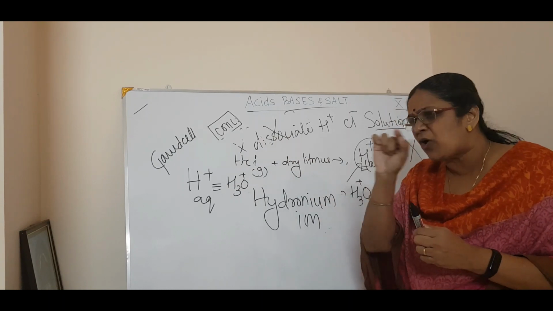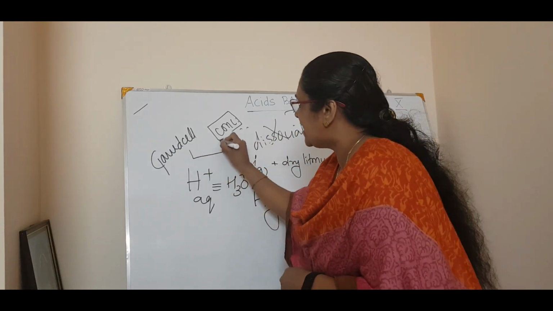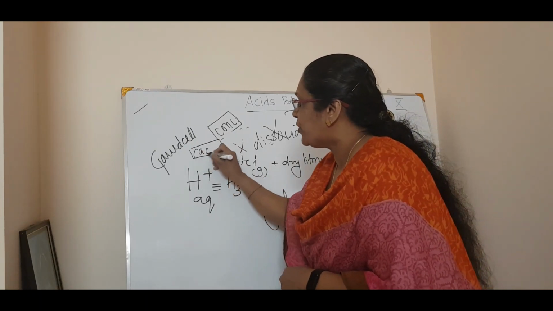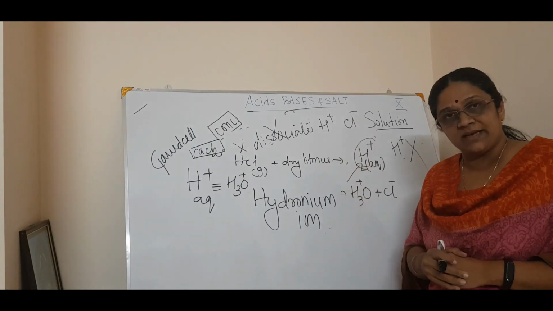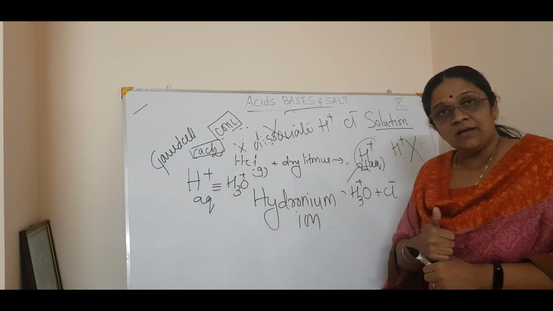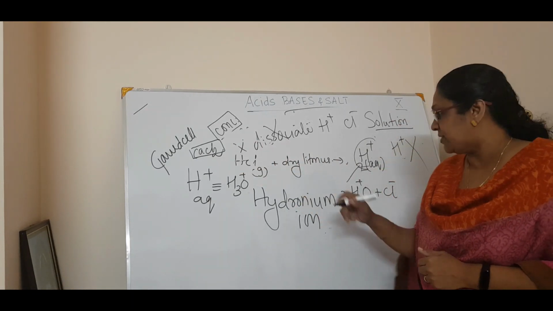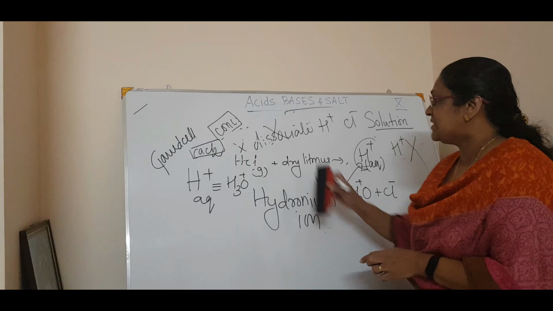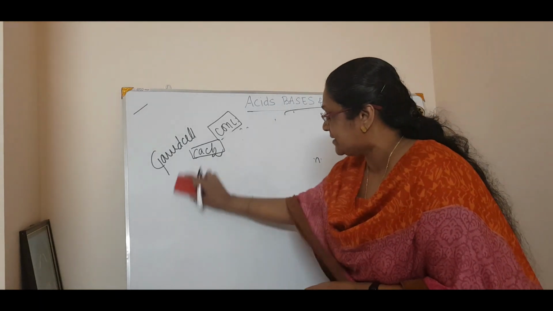Guard cell means a small cell type structure in which you put calcium chloride crystal. Now, what is the role of this calcium chloride? This calcium chloride is deliquescent in nature. Have you heard about deliquescent and efflorescent?